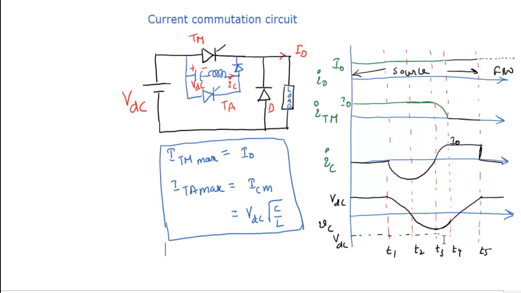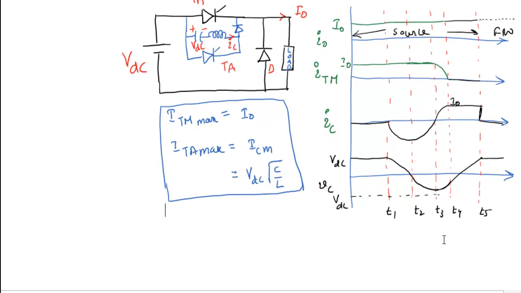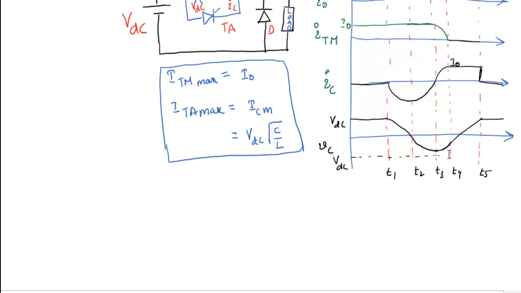How to calculate that? If you look at this waveform, during this time the current in the tank circuit slowly starts from 0 and reaches I0. Using the current equation you can find that out. For that we need to use the tank circuit current equation, IC equal to IC max sin omega naught t.